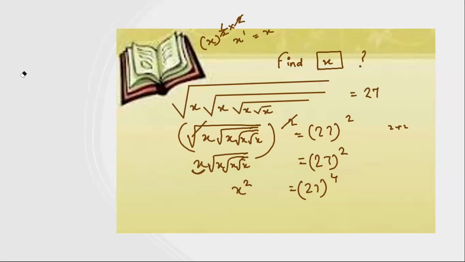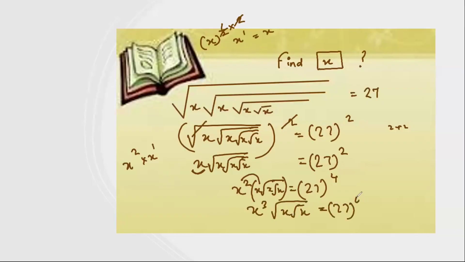So now this x square, and we are left with x square root of x and one more root, right? So x square multiplied with x, because in multiplication we have to add the exponents, so it's power 3. So x power 3, and then you are left with this, that is equal to 27 raised to the power 4.